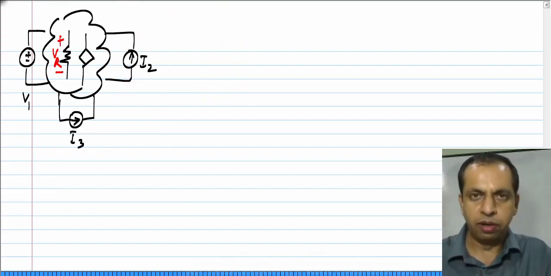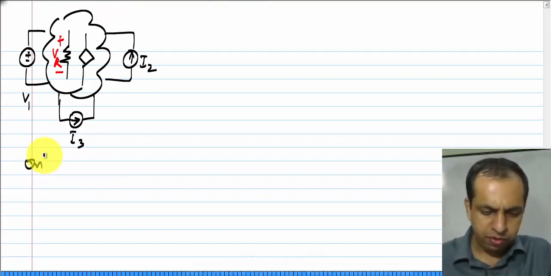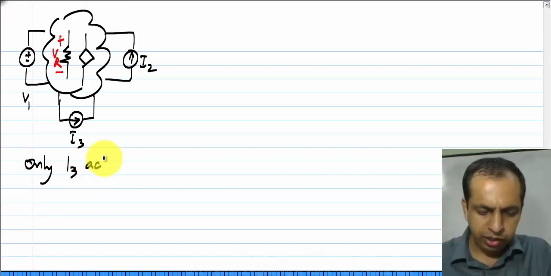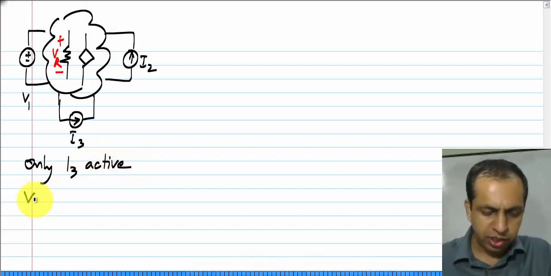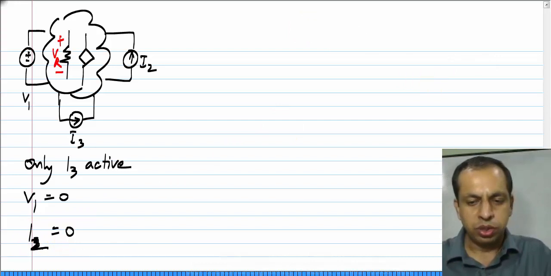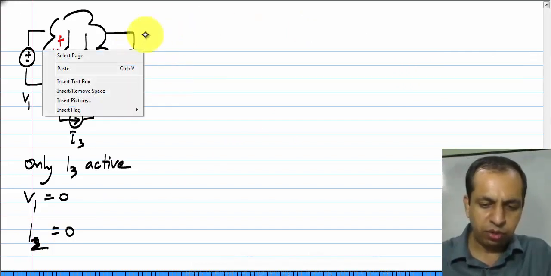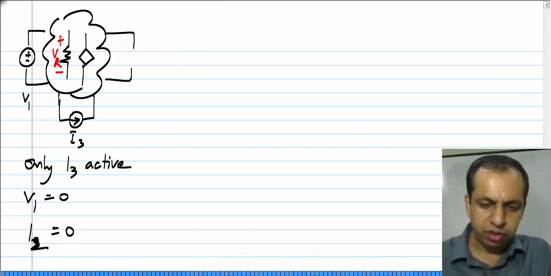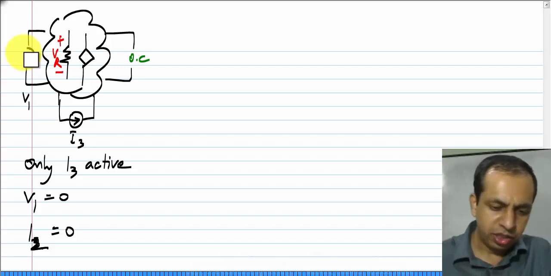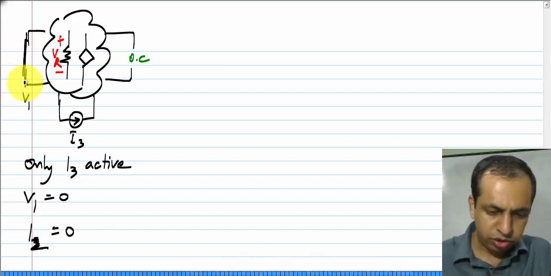Okay. And finally, I do the analysis a third time, and this time I will have only I3 active, which means that I set V1 to 0 and I2 to 0. So, if I set I2 to 0, a 0 valued current source, we know by now is an open circuit, and a 0 valued voltage source is a short circuit.